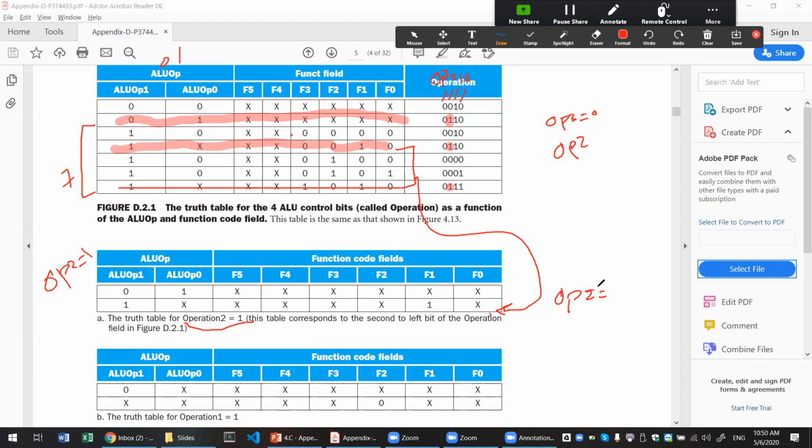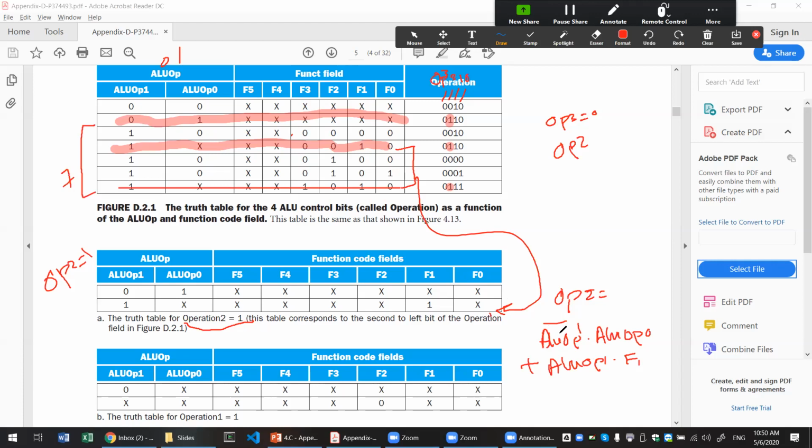The simple thing, as Laith said, is that I can write two lines. The first line gives me ALU op 1 prime with ALU op 0 or ALU op 1, and with F1, right? So this line gives me the first term, and the second line gives me the second term. That's possible to do.